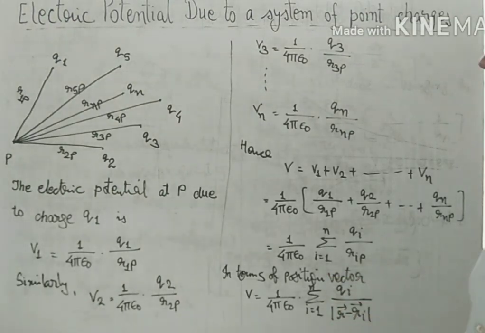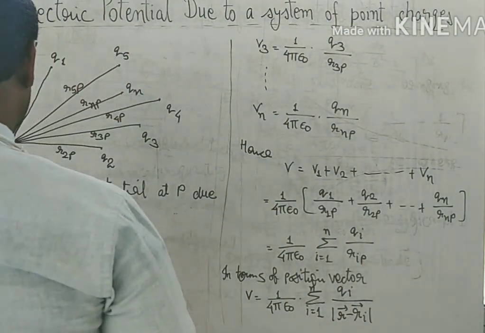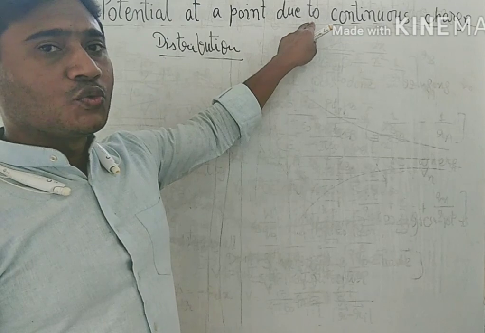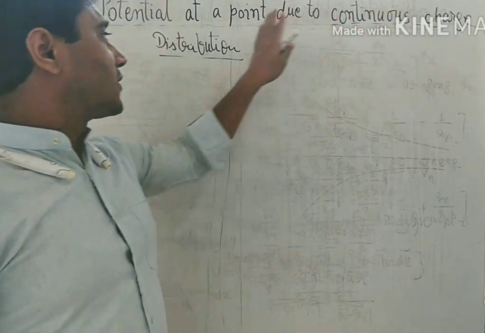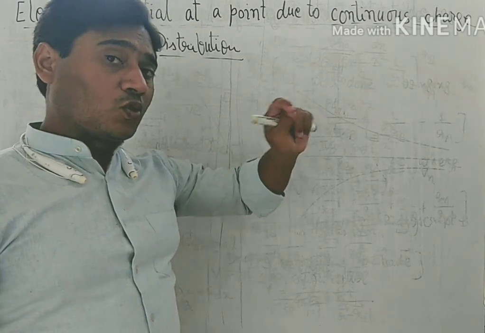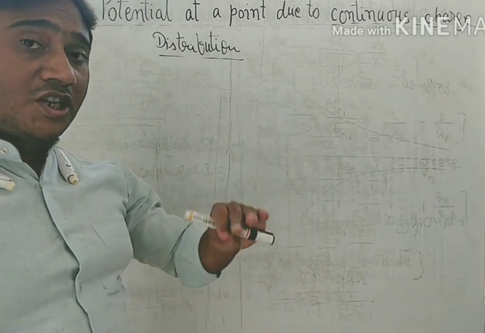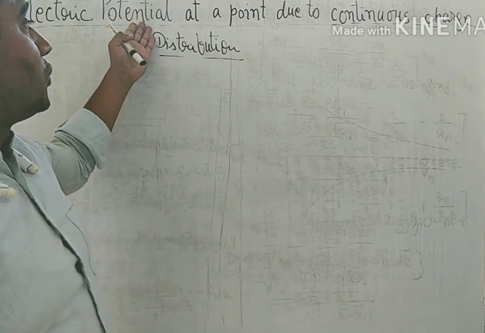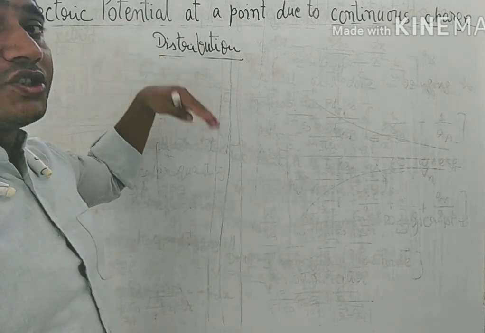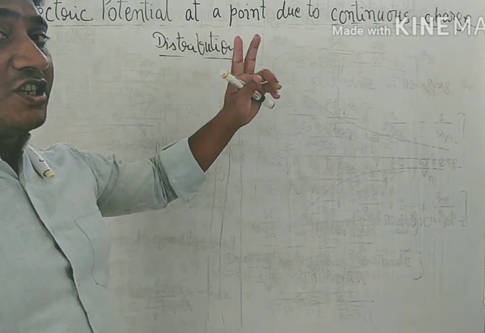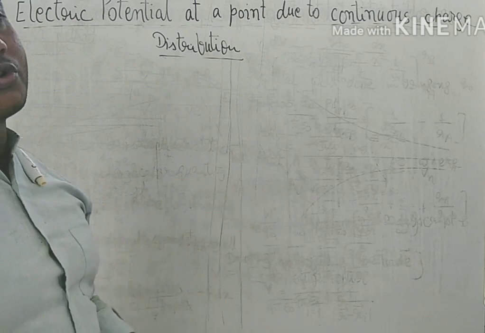So that's it. Let's have the next topic, electric potential at a point due to continuous charge distribution. As we had earlier force due to continuous charge distribution and electric field intensity due to continuous charge distribution, here we have electric potential due to those three types: linear, surface, volume charge distributions.